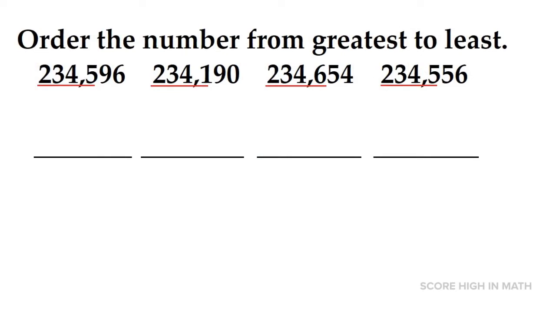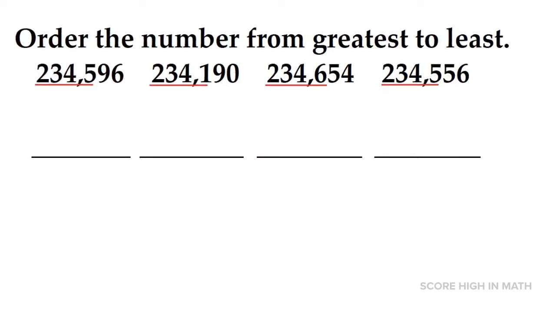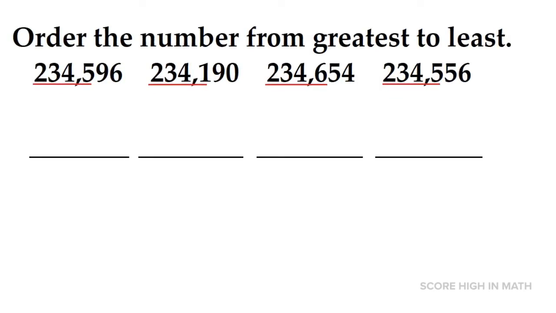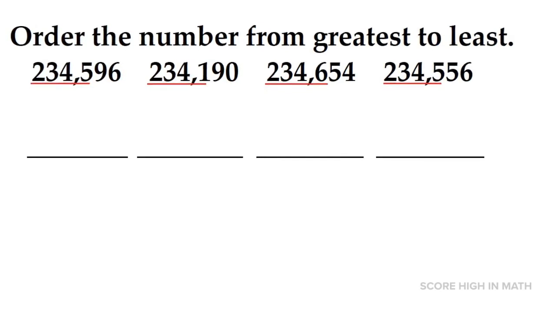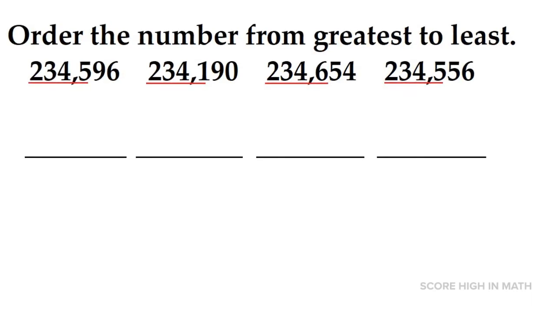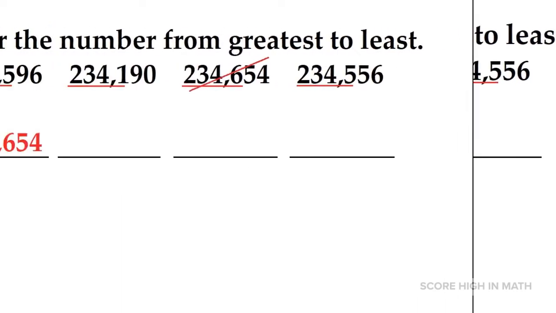We are going to arrange the numbers starting from the biggest going to the smallest. So, the 234,000 are all the same. The difference will be from the hundreds place only. So, we can arrange now the biggest going to the smallest.